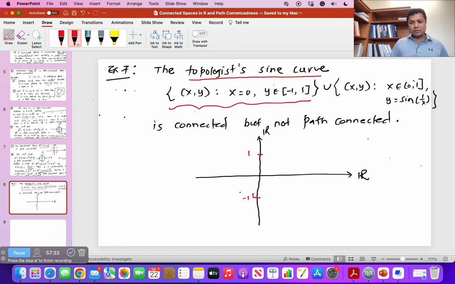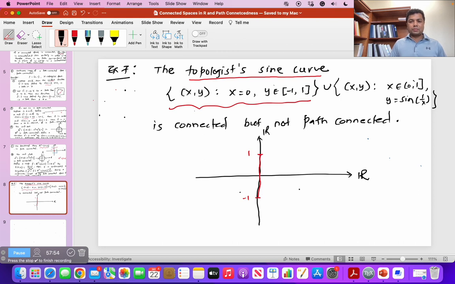It's the set of all ordered pairs where the x coordinate is 0 and y is between -1 and +1.